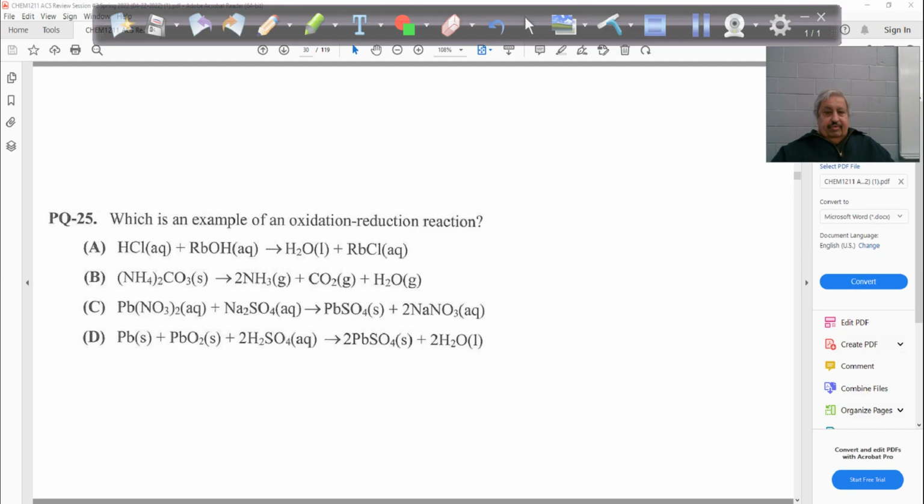Which is an example of an oxidation reduction reaction? What do you think?